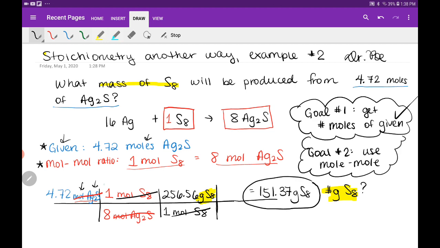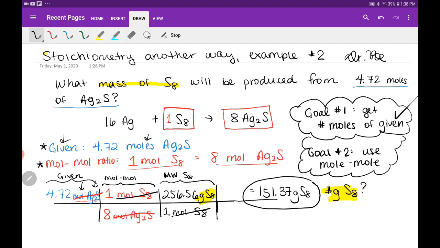So as you can see here, we use the mole ratio and the molecular weight of S8, and here's where the given always goes. In this one, when we're given moles and we want grams, you don't have to use the molecular weight of the given at all.